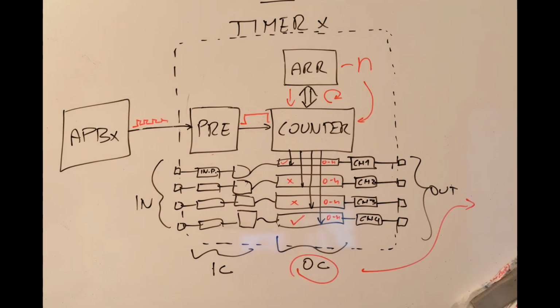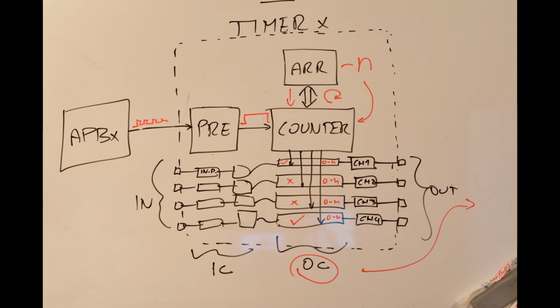And then this capture compare register that you can see in the bottom with arrows is going to compare the value of the counter to the value that's been set, and then have an input or output control. So it's going to output something, or depending on the input it's going to do something.